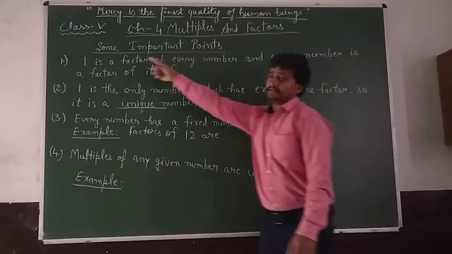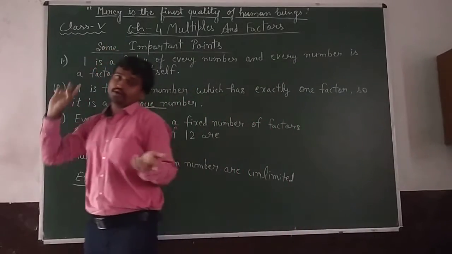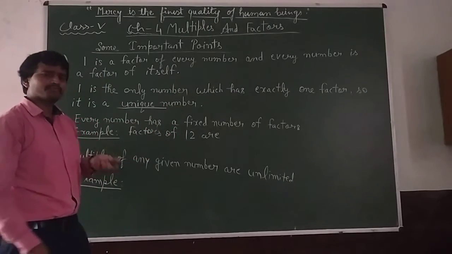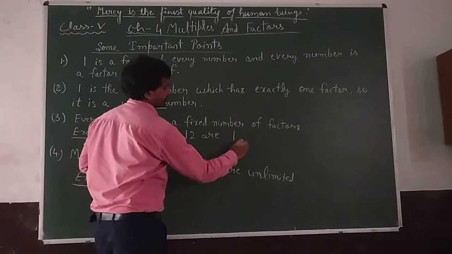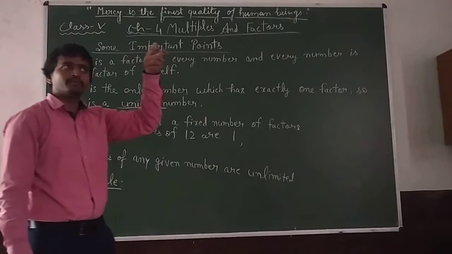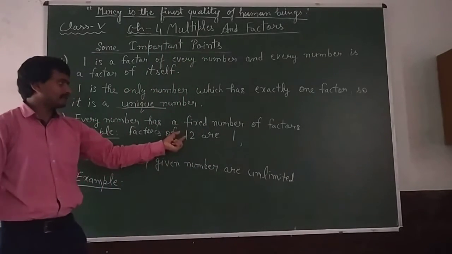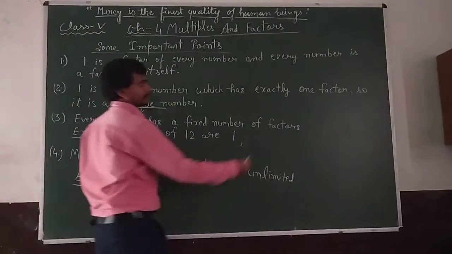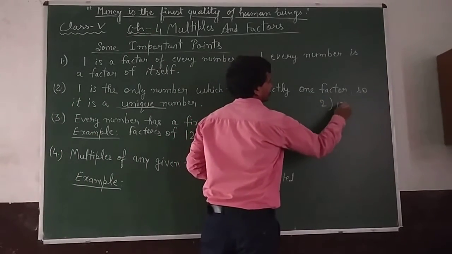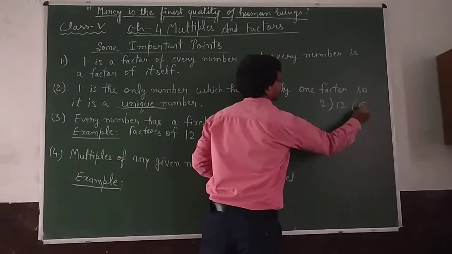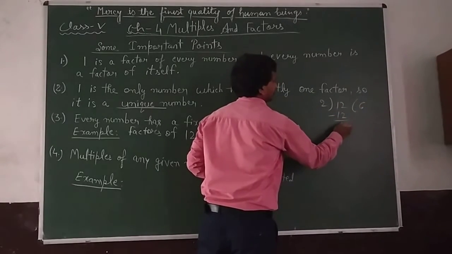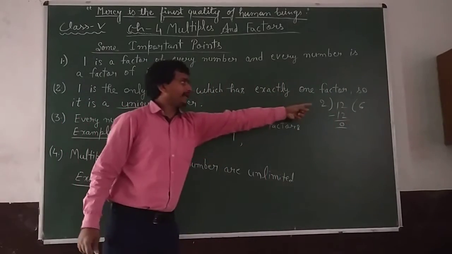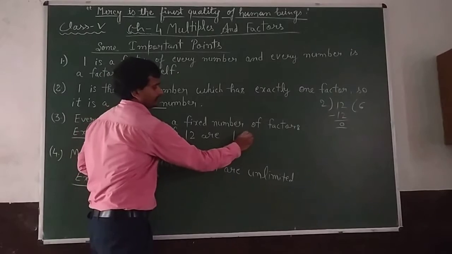So first of all, start from 1 because 1 is a factor of every number. So factors of 12 are first of all 1. Then the next one is 2. Is 12 divisible by 2? Yes. 2 sixes are 12, completely divisible. Let us check it. 2 sixes are 12. Remainder is 0. So we can say yes, 2 is also a factor of 12.